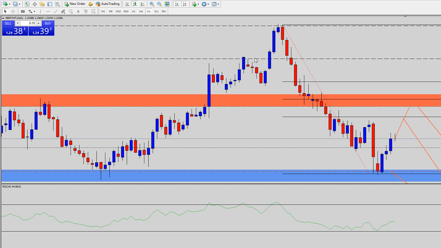All right. So next up we have is British pound Swiss, which I have my Fibonacci retracement on.